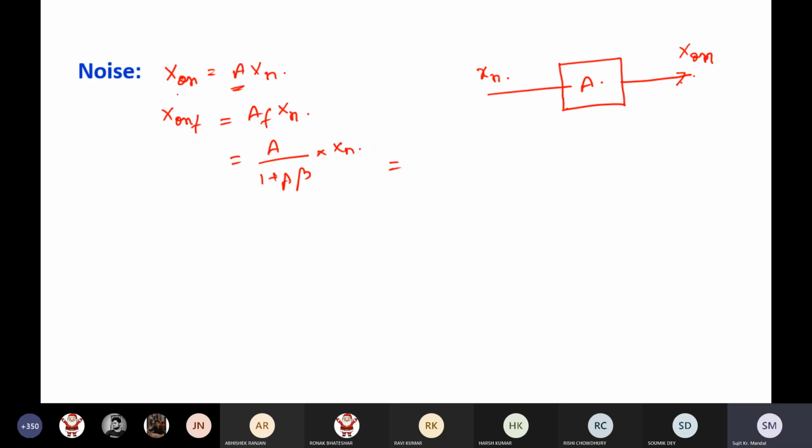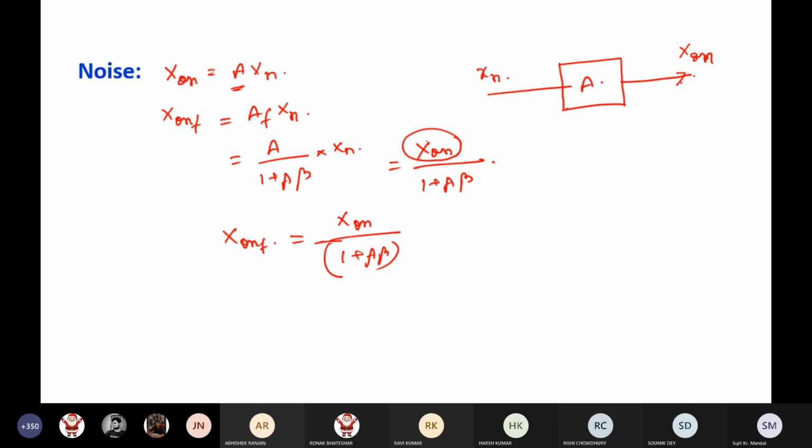Now A Xn we already have as X0n, so X0nF is X0n divided by 1 plus A beta. So X0n is the output noise without feedback, and X0nF is the noise with feedback. We can see that the output noise is reduced by the factor 1 plus A beta. So distortion is reduced, and noise is also reduced with negative feedback.